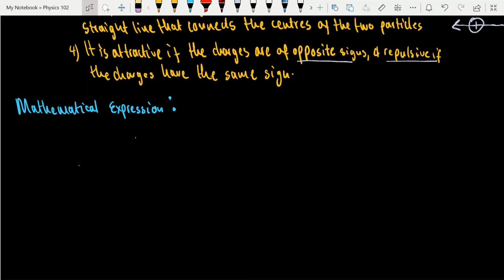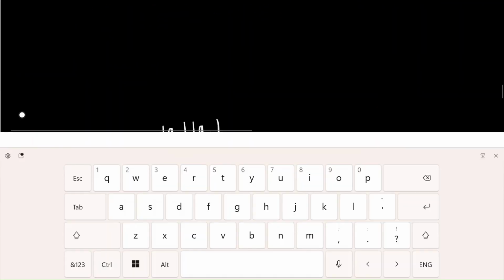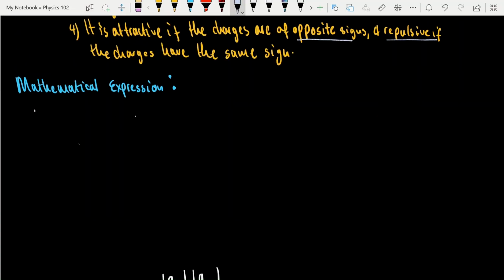So now let's put it into a formula. The closest we have so far is to say that the force is directly proportional to the product of the charges Q1 times Q2, and inversely proportional to the square of their separation, like that. Now, remember, we have a proportional to sign here.